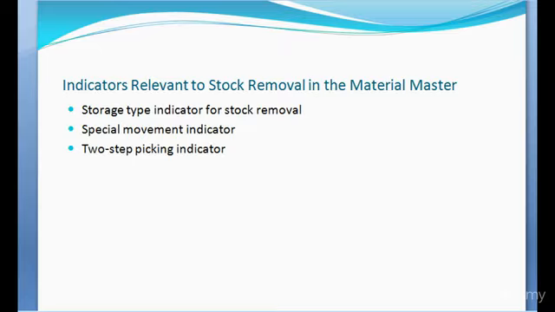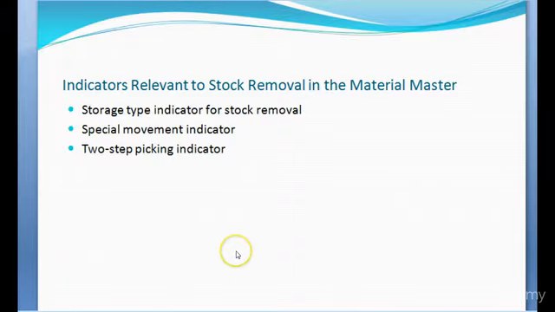The system decides whether the material is relevant for 2-step picking on the basis of the 2-step picking indicator in the warehouse management 1 view. Only materials with this indicator are included in the process. Others are all typically picked in 1 step.